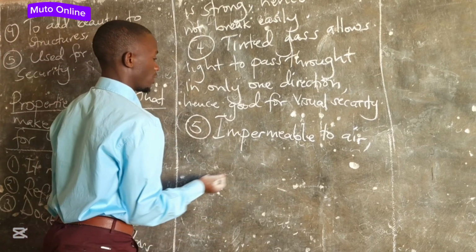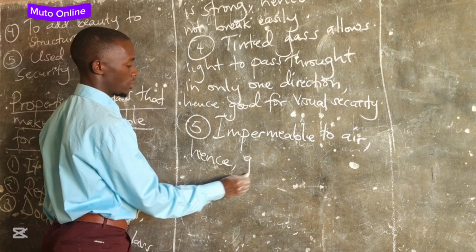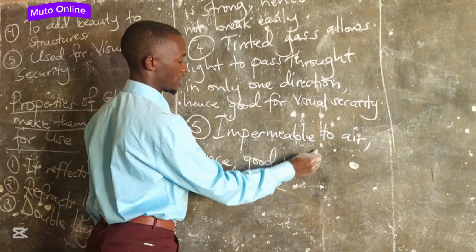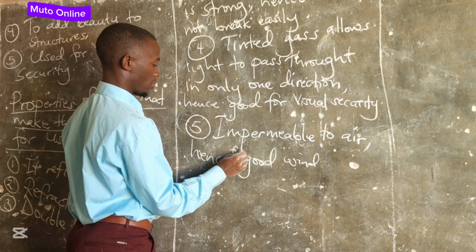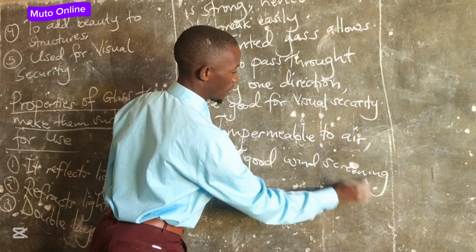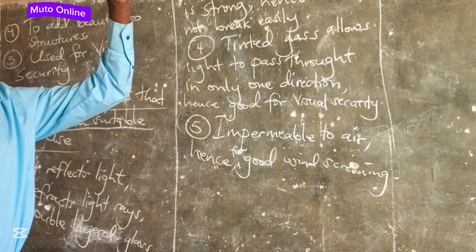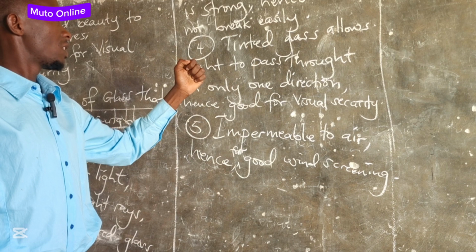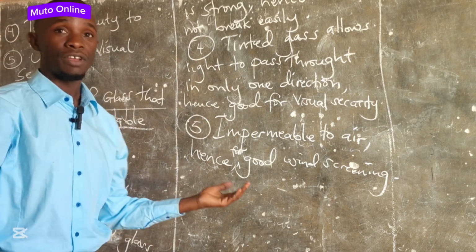Being impermeable to air makes it hence good for wind screening. We know when driving, that mirror in front of the car is called the windscreen. It does not allow air to reach the driver. We very well know the effect of air.